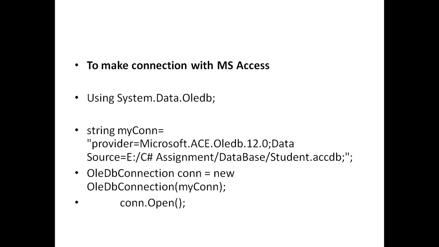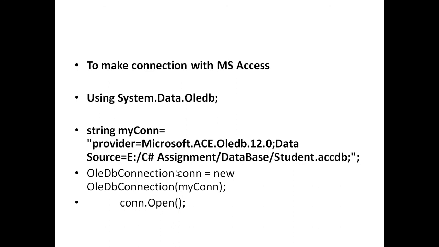To make a connection with MS Access, first you have to import System.Data.OleDb and then define a string myConnection equal to the provider, your provider name and the database name.